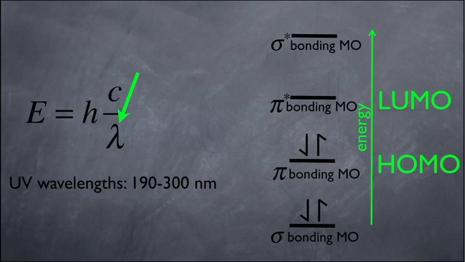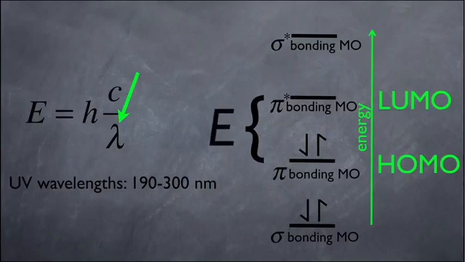These UV waves have certain energies associated with them. And it just so happens here that the difference in energy between HOMO and LUMO, those energies, that difference in energy from HOMO to LUMO corresponds to the energy that those UV wavelengths have.